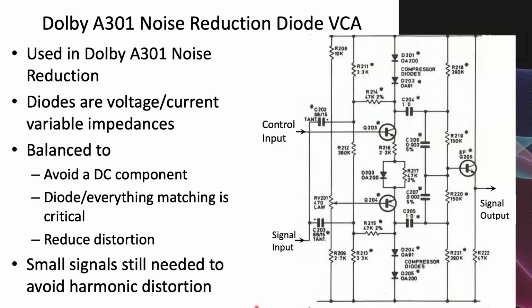However, here's an example of a diode compressor type circuit used in anger. This is the Dolby A301, which is the first ever Dolby A noise reduction system. And I find it quite fascinating that you can use different technologies to achieve the same goal.